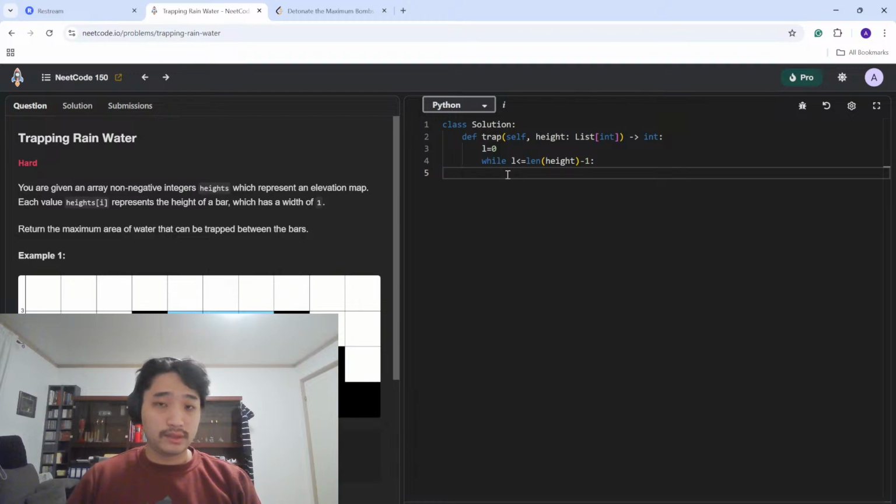So yeah, L is set to 0. And then it would look at the next element.